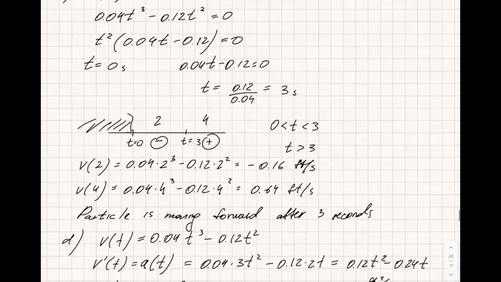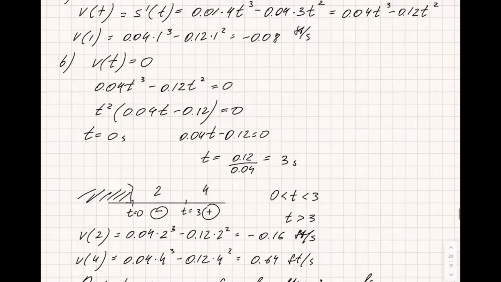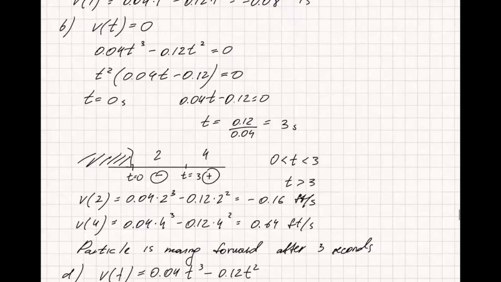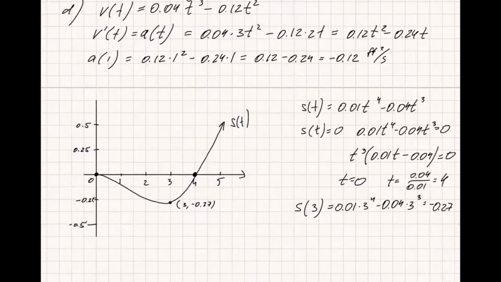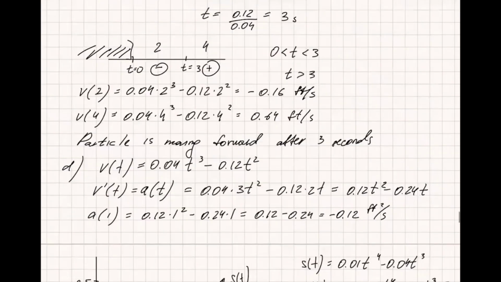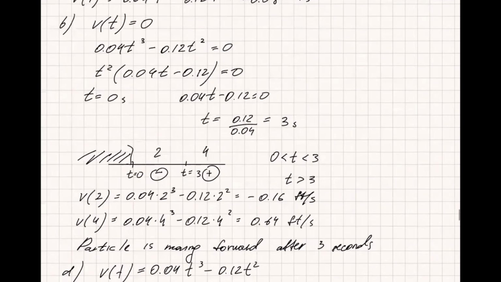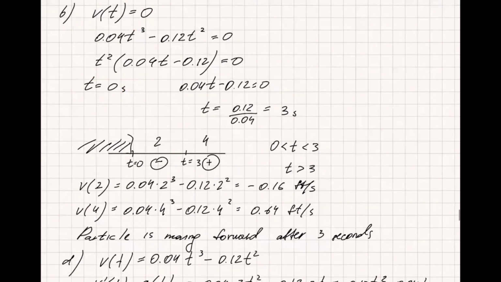Remember, we already did some calculations. So the velocity at 1 second is negative 0.08. So let's just use it. At 1 second, I have negative 0.08, so probably somewhere here. And then I also know that velocity is equal to 0 at 0 seconds and 3 seconds.